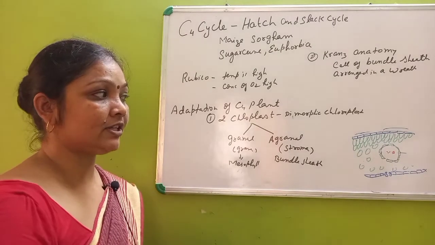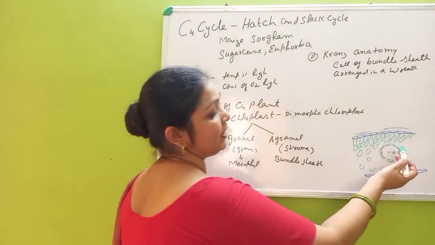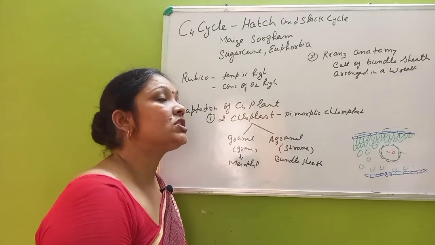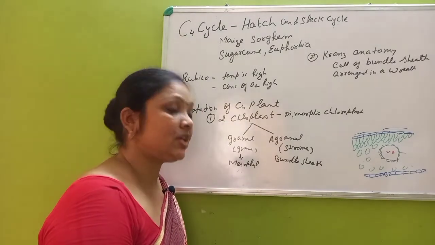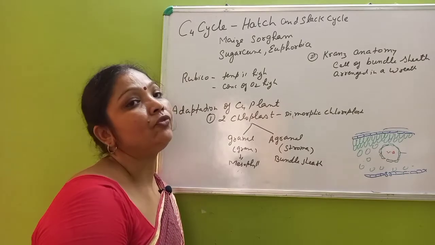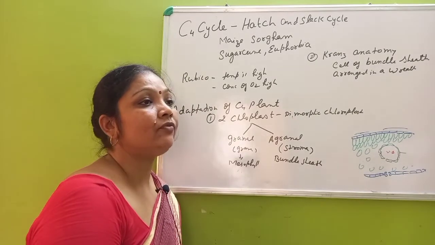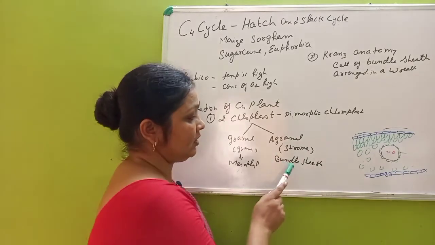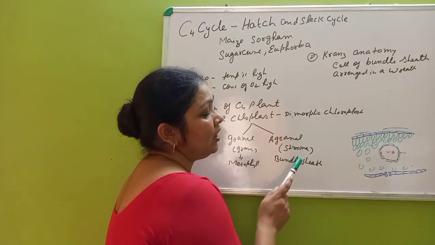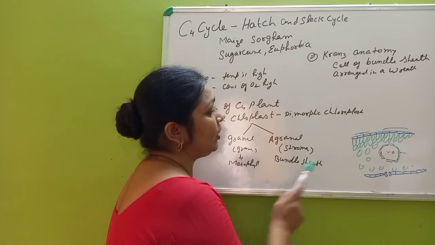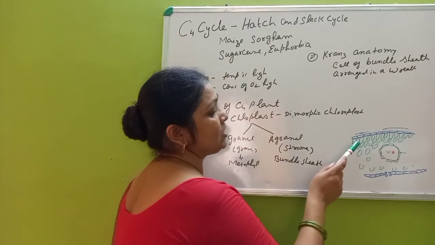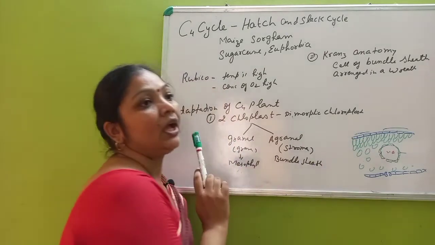This circular structure is known as the bundle sheath. So this is the type of anatomy present in the C4 plant. Now we have to study the C4 cycle, because the agranular chloroplast occurs in the bundle sheath here, and the granular chloroplast occurs here.